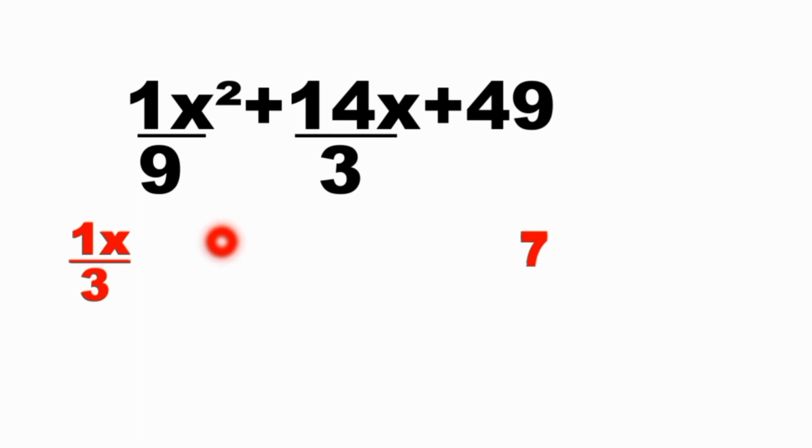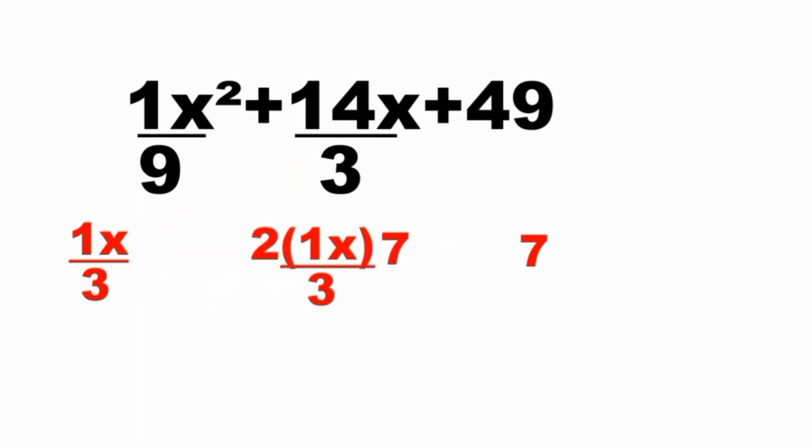So twice the product is 2 times 1x over 3, and the last term is 7. So 2 times 1x over 3 times 7 is 14x over 3. So this is a perfect trinomial square, but with fractions.